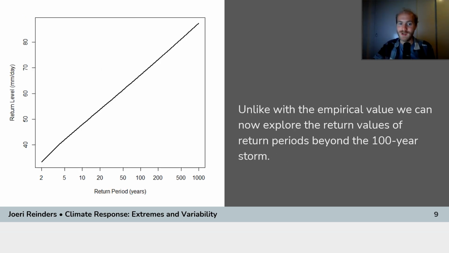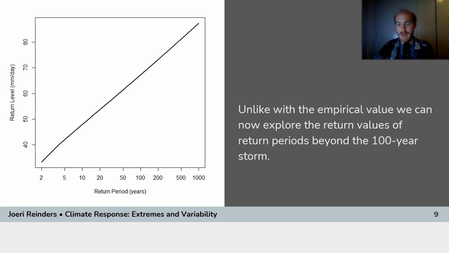So this is our return level and return period graph. We just did exactly the same steps as we did before with our little thought experiment. Here you see that it's a pretty straight line. That's because I used a log scale on the x-axis. Normally you would have the same log-shaped line as we saw with the empirical distribution, but in this case it's on a log scale, so it becomes a straight line.